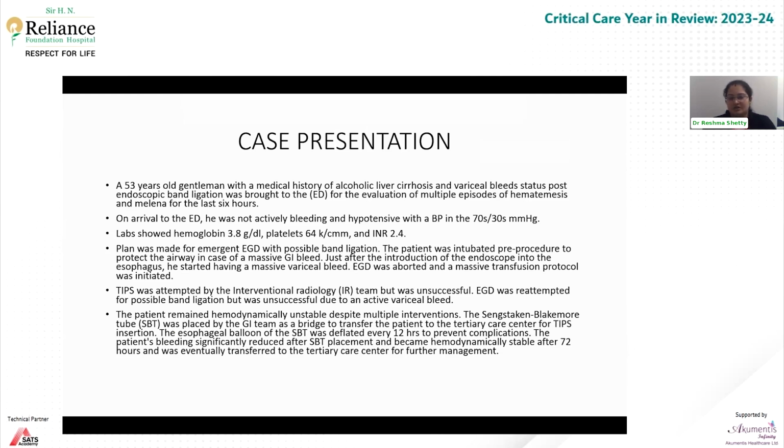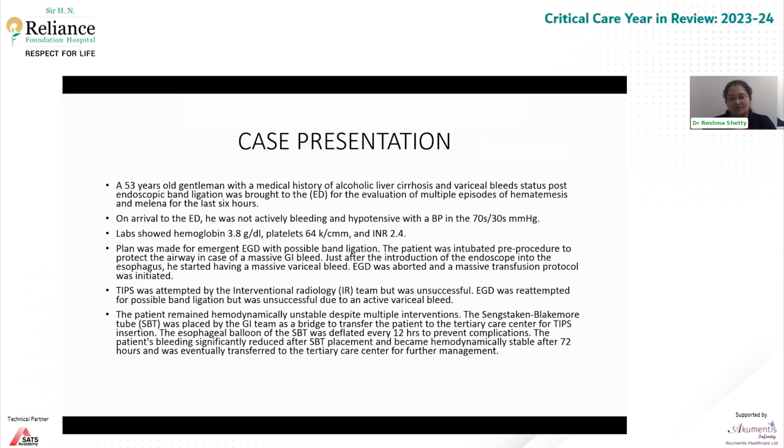But just after the introduction of the endoscope into the esophagus, he started having a massive variceal bleed. So endoscopy was aborted and massive transfusion protocol was initiated. TIPS was attempted by the interventional radiology team but was unsuccessful. So again, they re-attempted endoscopy for possible band ligation but was unsuccessful. So the patient remained hemodynamically unstable despite these multiple interventions.